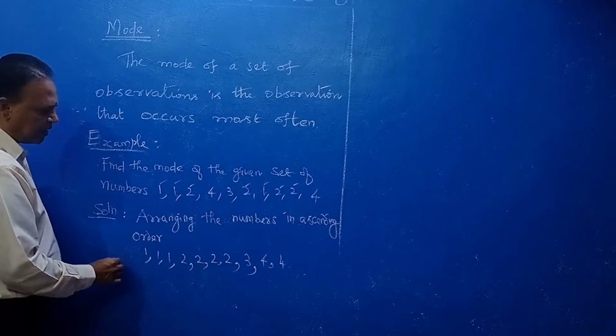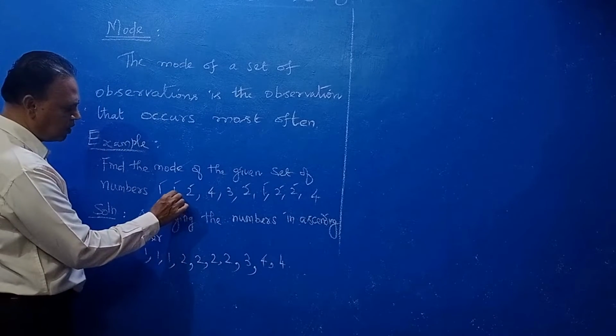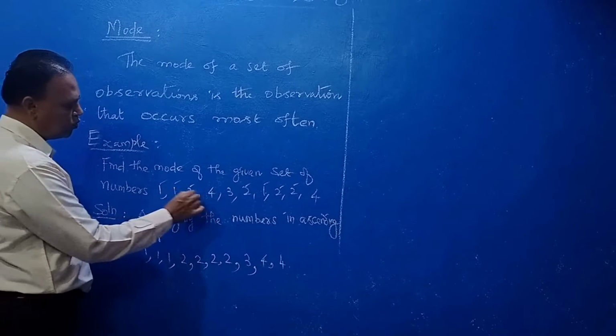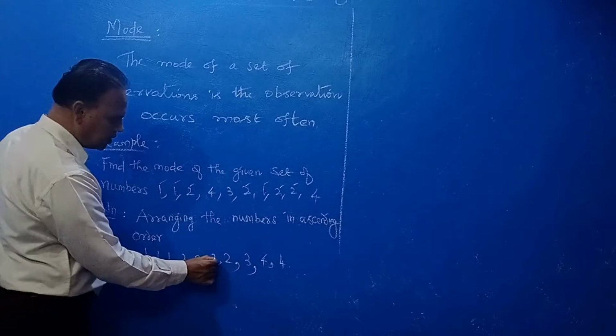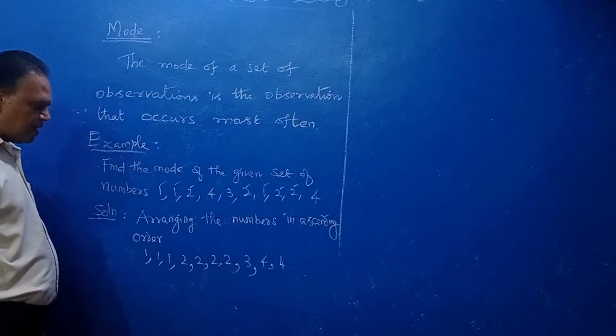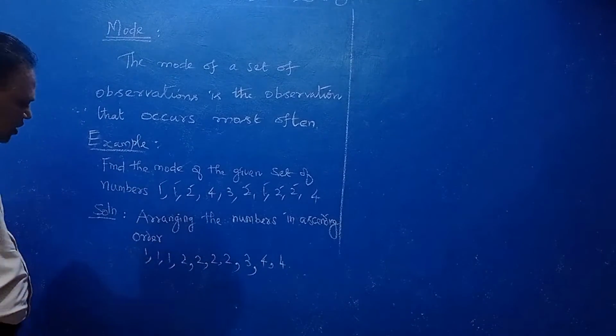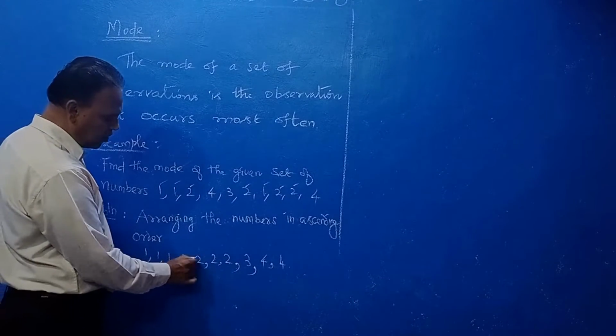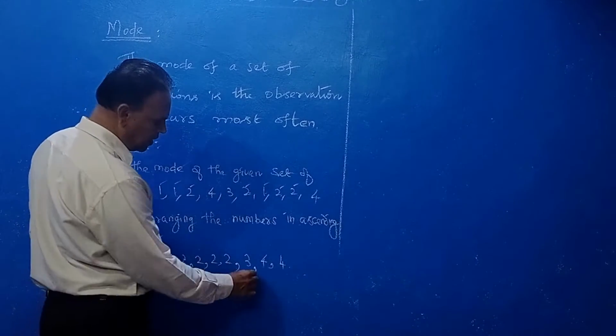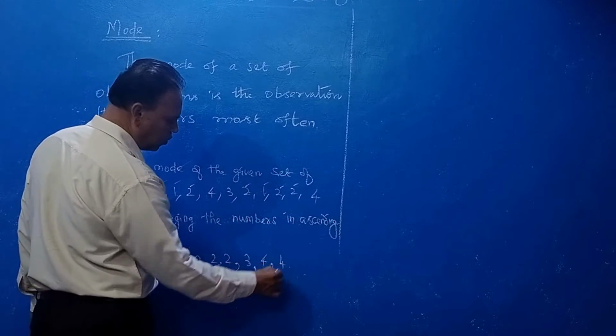Now how many data are counted? 2, 4, 6, 8, 10. Here also you count 2, 4, 6, 8, 10. Yes, correctly written in ascending order. You see now only 1 occurred 3 times. 2 occurred 1, 2, 3, 4 times. 3 only 1 time. 4 occurred 2 times.